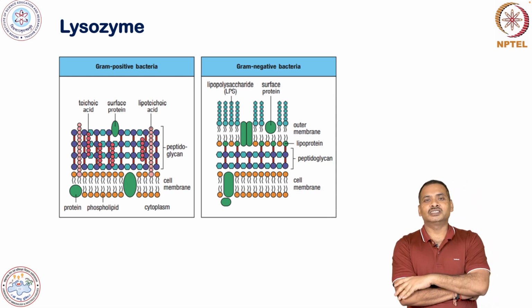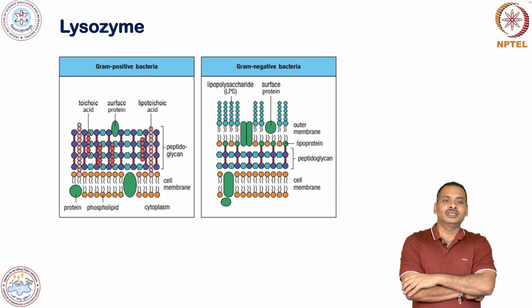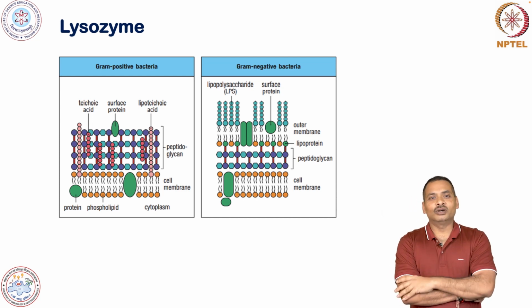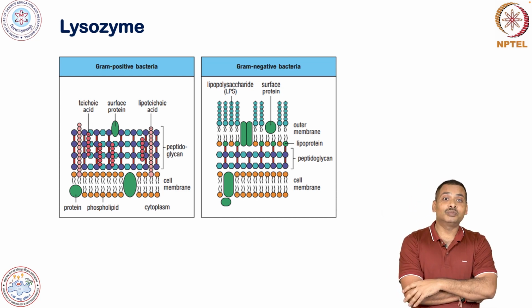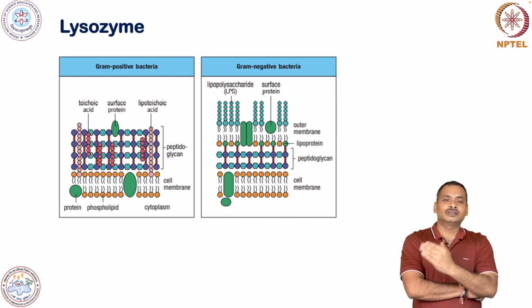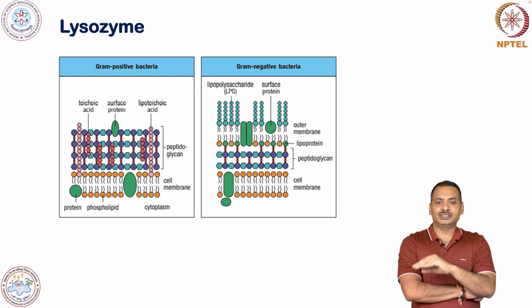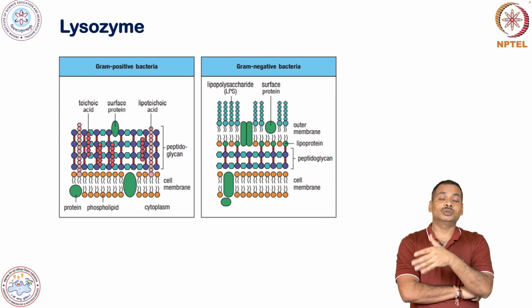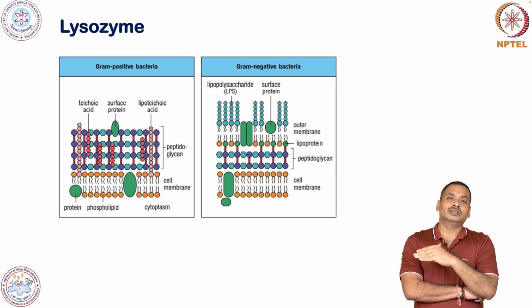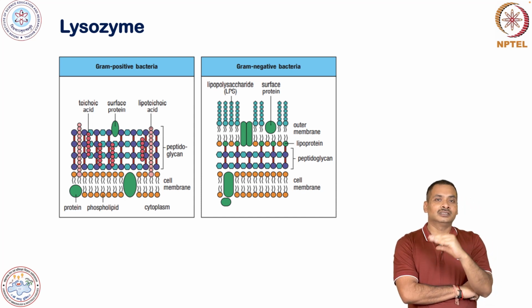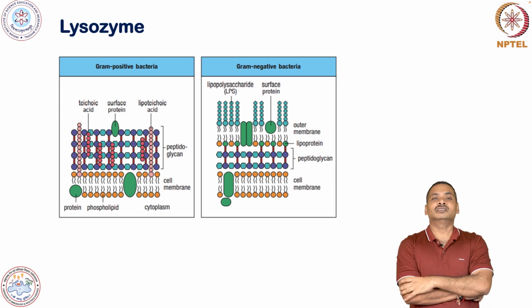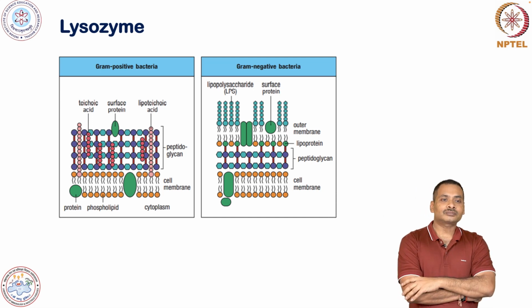This outer membrane contains the most immunopotent molecule, which we call lipopolysaccharide. As you might know from previous classes, gram negative bacteria have an outer membrane, and this outer membrane contains lipopolysaccharide.